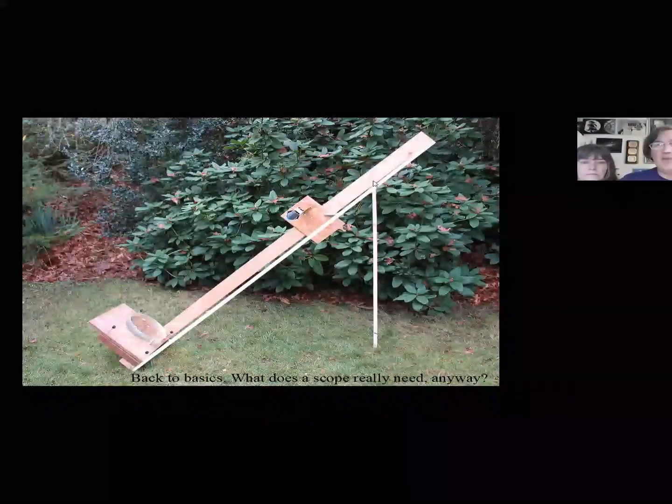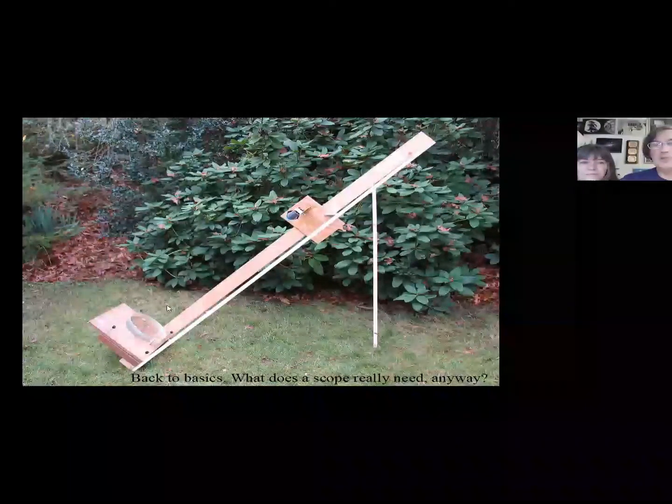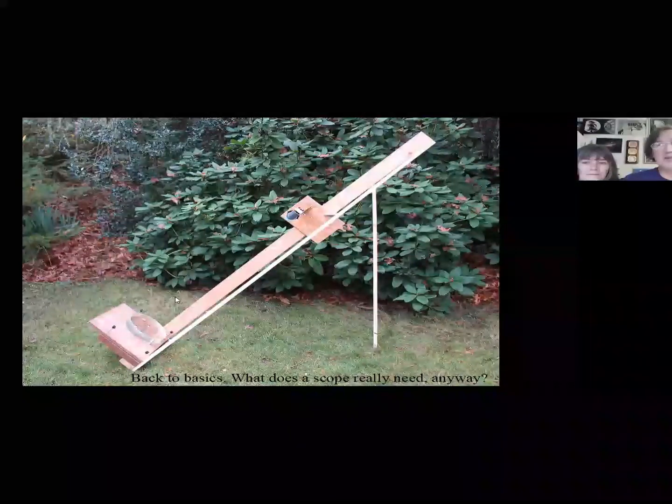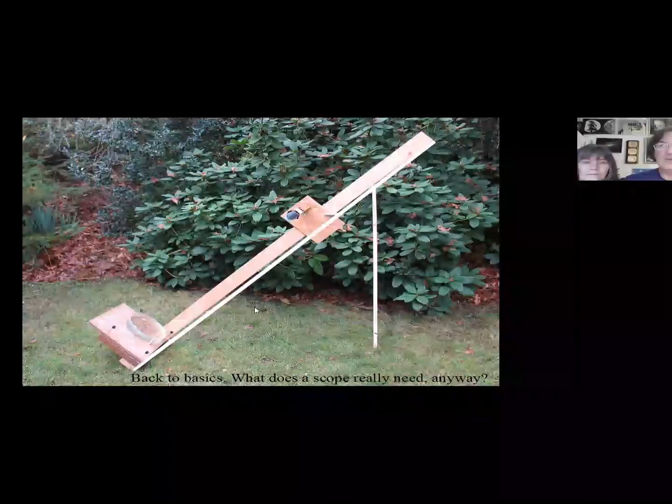It's a 2x4 with a piece of plywood down there. And I use this as my test rig when I'm star testing a mirror that I'm working on. You notice this mirror is not coated yet. It's still just glass, but it reflects enough light if I aim the scope at Polaris. And that's what this prop is for. It props the scope up at just the right height to look at Polaris.